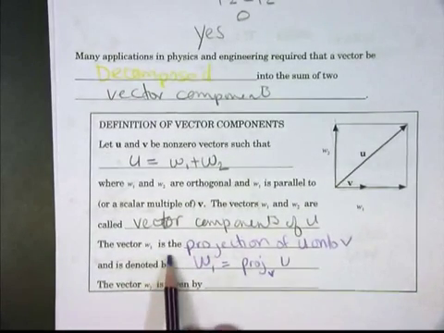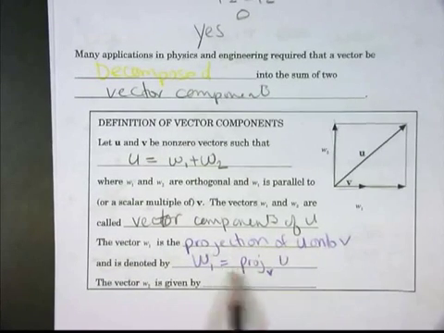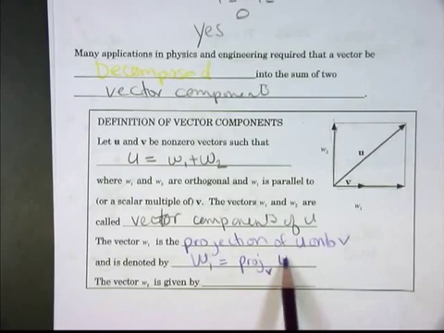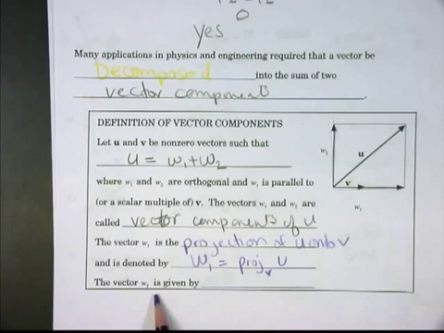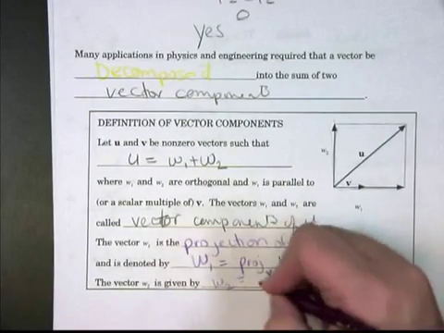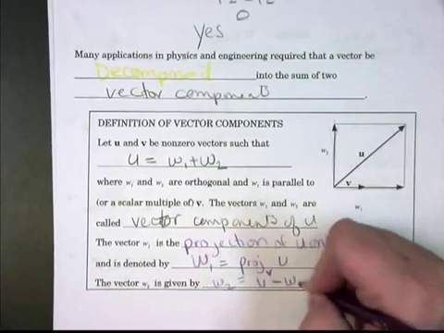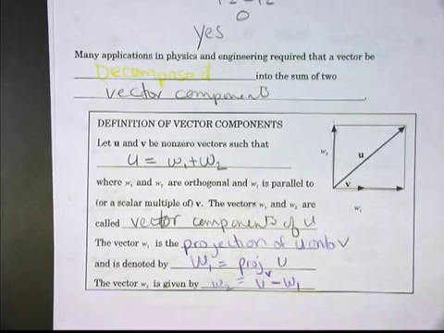When you read something is the projection onto something else, you need to know how it's set up. Then w2 is going to be the vector u minus w1.